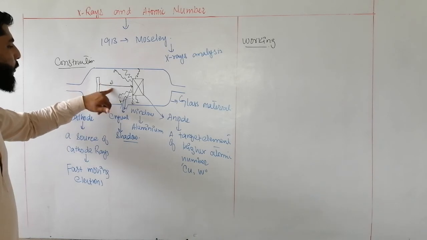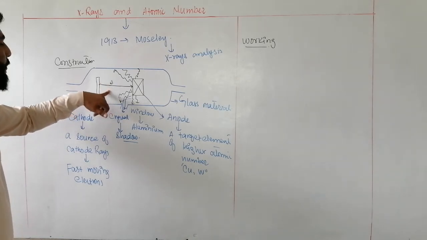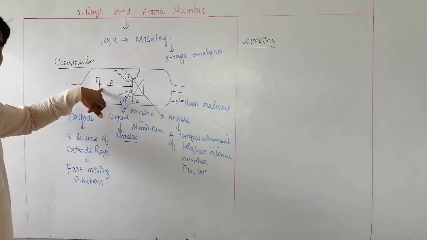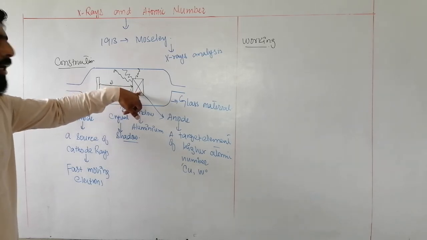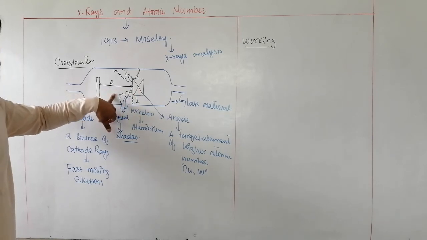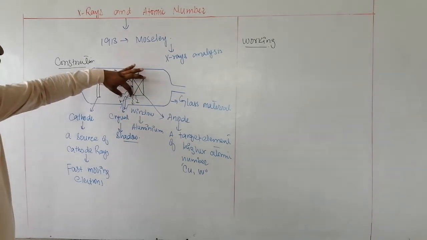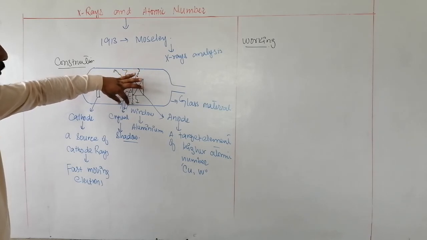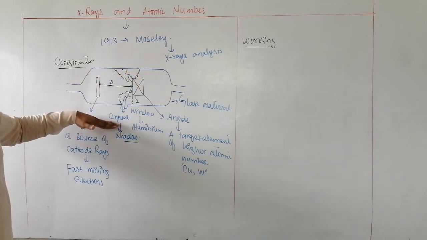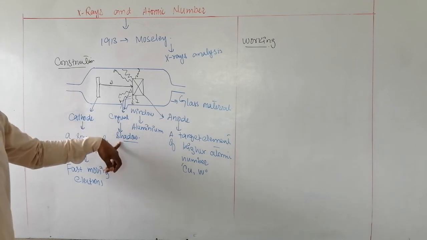What he observed is that cathode rays from a source were targeted on a heavy metal, and there was emission of penetrating radiation which, after being focused from a window and targeted on a crystal, formed a shadow.